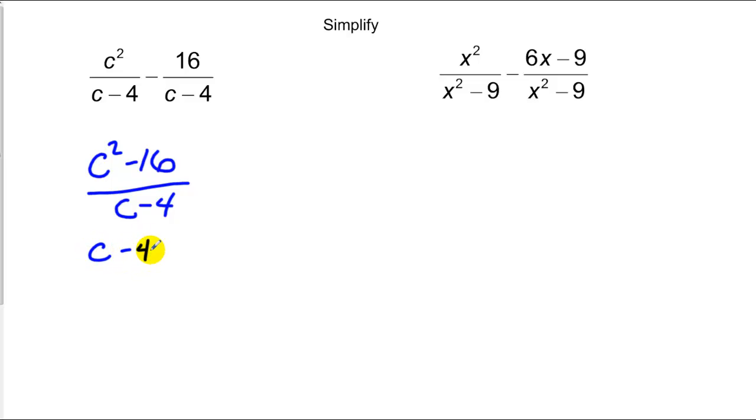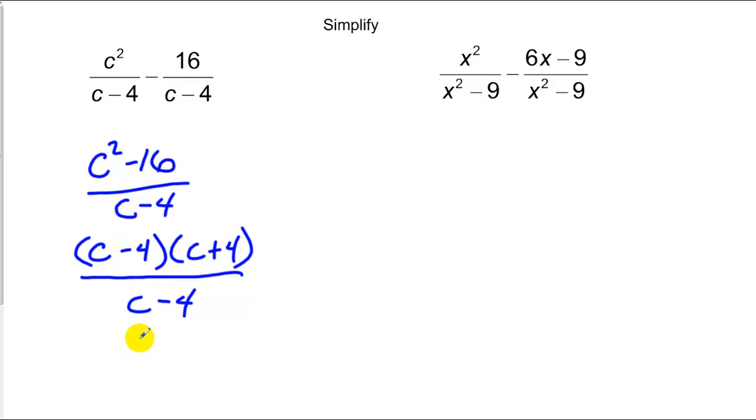It's a c minus 4 multiplied by a c plus 4 all over c minus 4. And you'll notice here that I have multiplications all across, so I have like factors which I can reduce, thus giving me c plus 4 as my final solution.